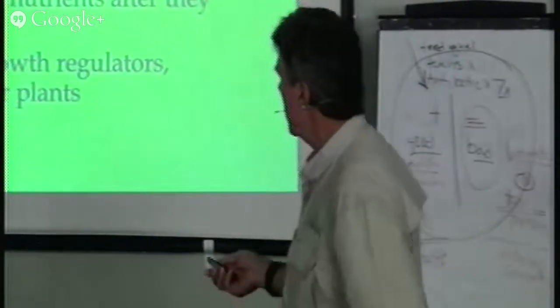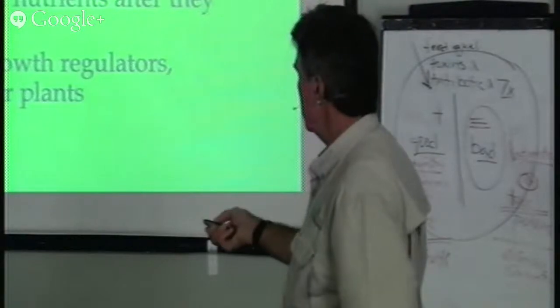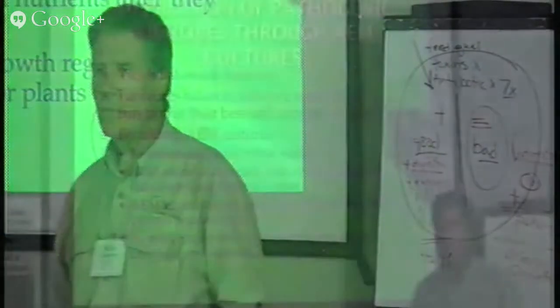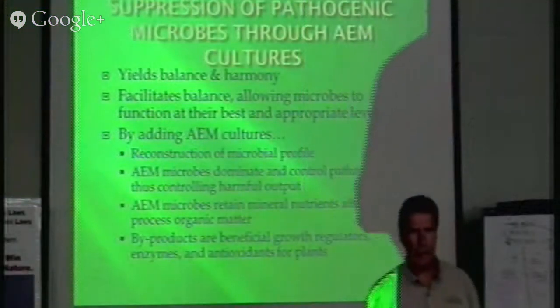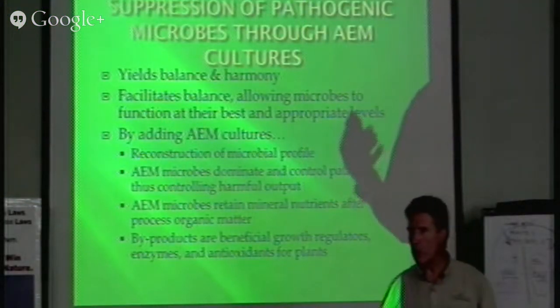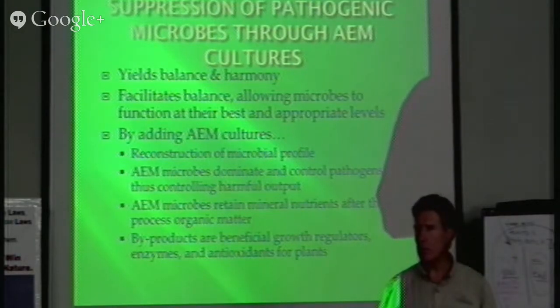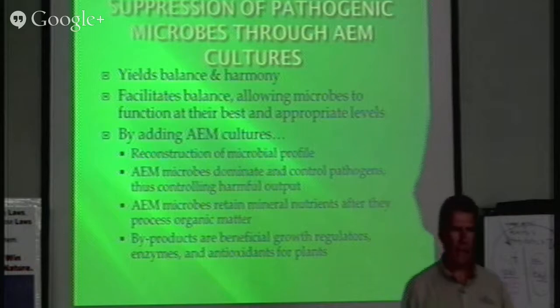This is what we do with manure, the mineral retention. And again, you have to look at this. I have mineral NPK in my manure. You're going to get an analysis of that.